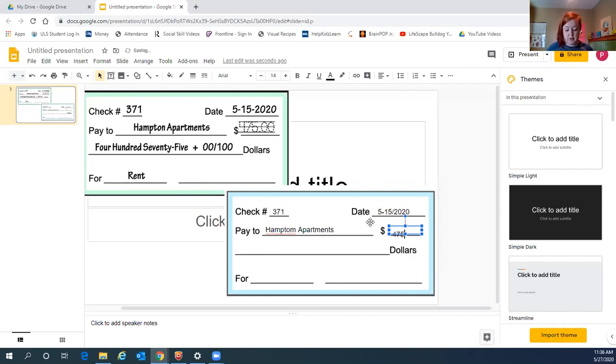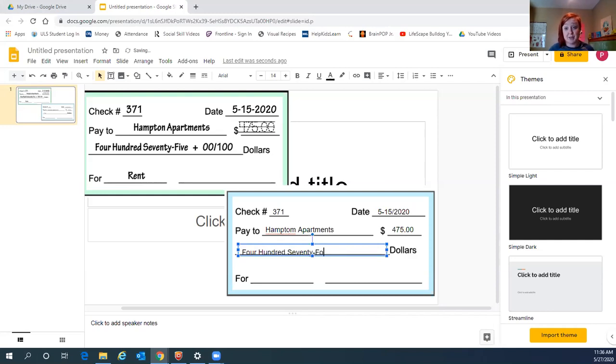So this is $475, which is a pretty big bill, but that's our rent and where a lot of our money goes. And then down here, we have to write it out in words. And remember, I said there are a lot of cool resources to help you spell out all of these words because it's a lot of words to remember how to spell.